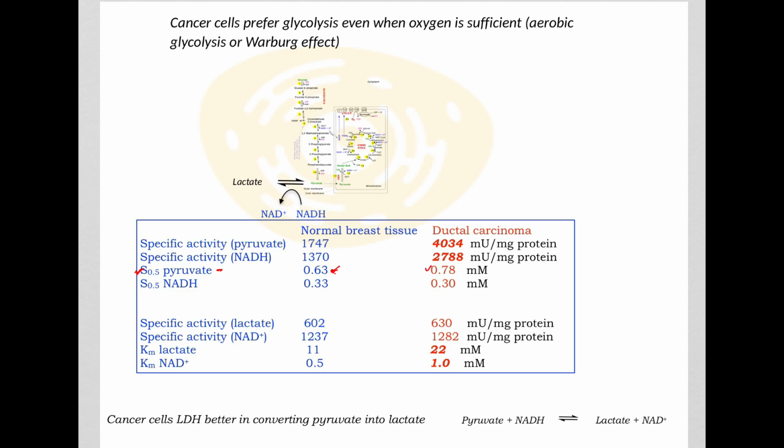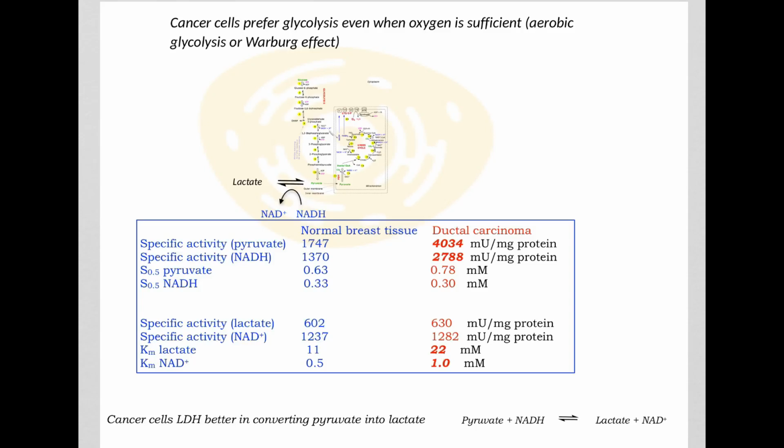For cancerous cells, it was still quite close, around 0.78. When NADH was used as a substrate, the S0.5 is 0.33 for normal tissue, and for the cancer version of the tissue, it was 0.30. So not much difference here, but a lot of difference in terms of how much active enzyme the cancer cells had compared to normal cells.